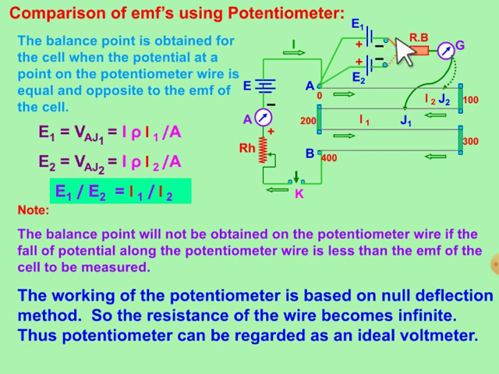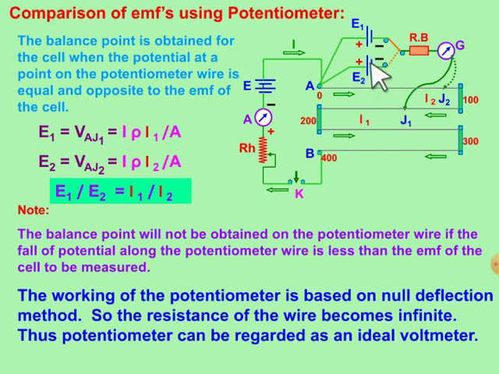Inside that galvanometer, which is converted into a voltmeter, some resistance is there inside it. We call it the galvanometer coil. Likewise there will be a voltmeter coil in it, and it has its own resistance. But here, by using the potentiometer, we are trying to find the potential difference.